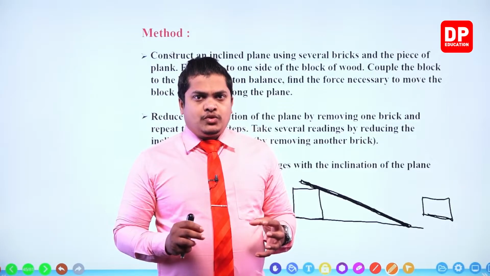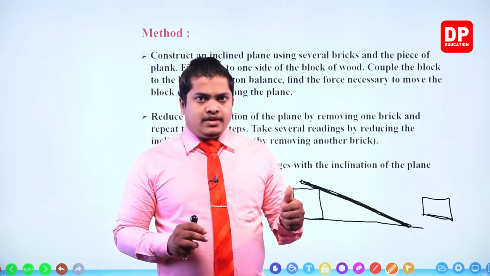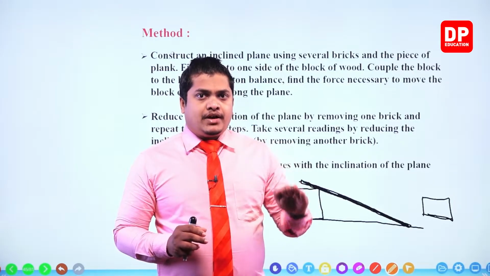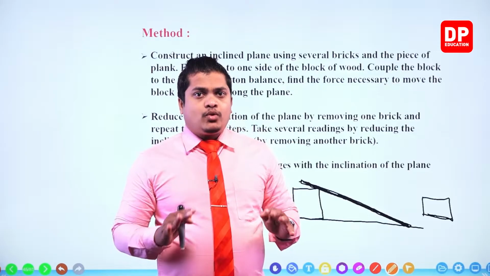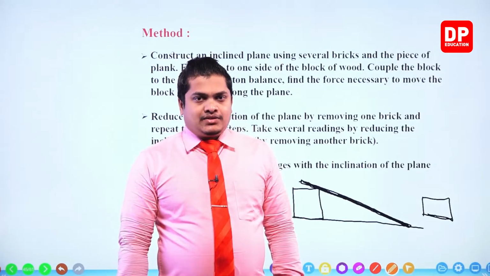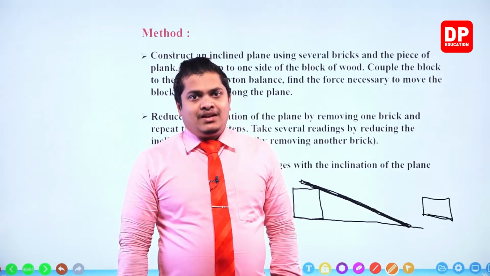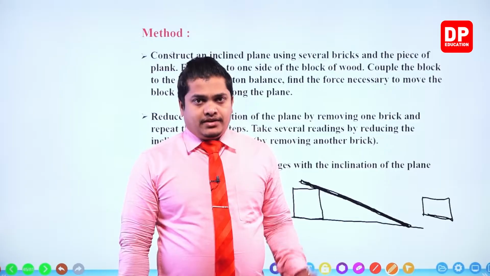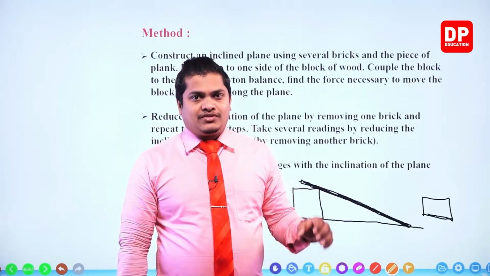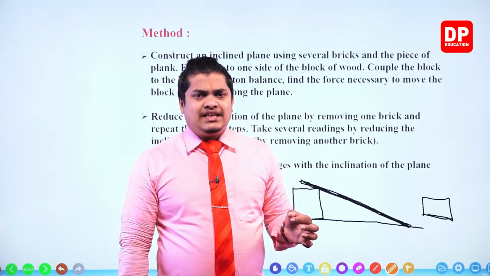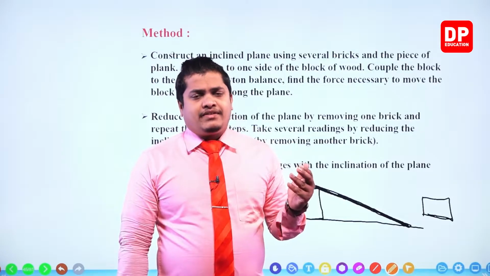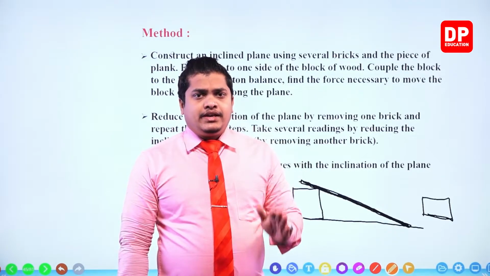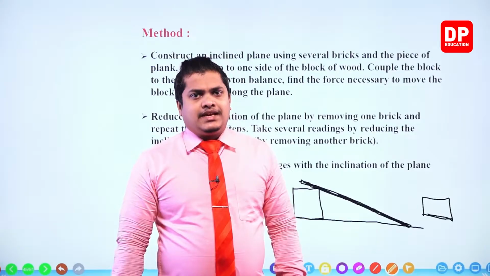Okay, so by using the stand, I can move the inclined plane up and down quite easily. So when I'm doing this activity, I'll be using a simple stand. By utilizing a stand, I can reduce or increase the inclination without any trouble, other than using bricks.